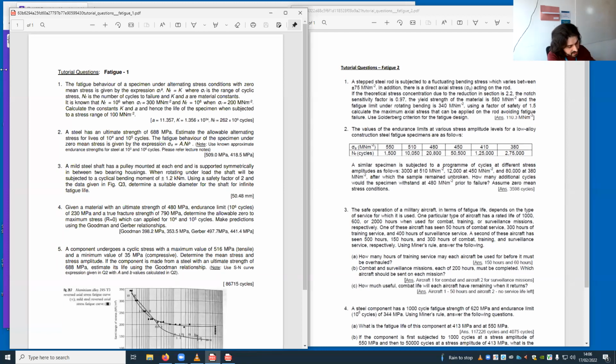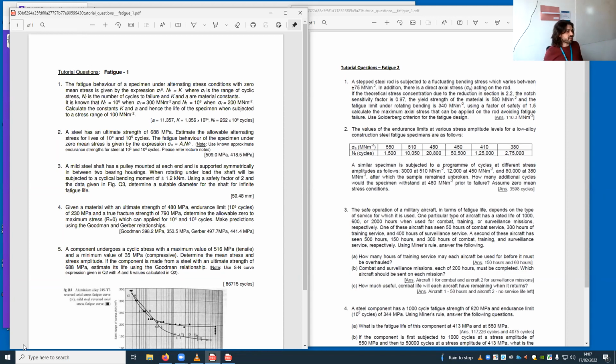And so what we know is that the fatigue model is corresponding to this equation, sigma r to the power of a times nf equals capital K. And we also know two of these points.